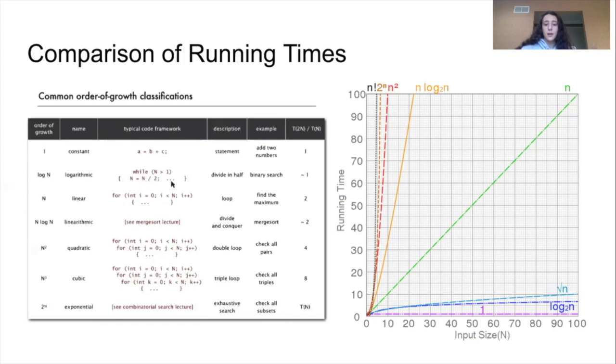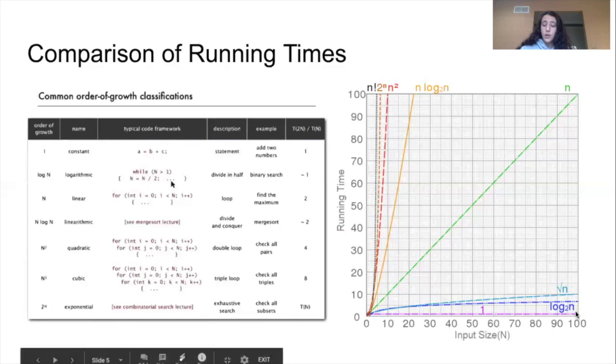And constantly dividing in half is a logarithmic function. Log n is pretty efficient. It's shown here in dark blue, log base 2 of n. As n gets to really big numbers, the runtime does not increase by a lot. It still increases, but not by a lot, so it's pretty efficient.